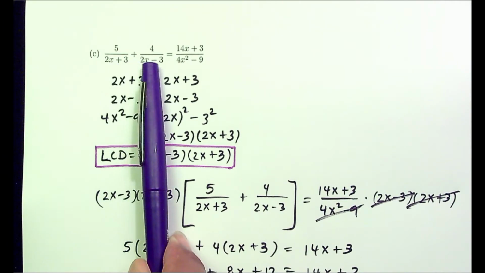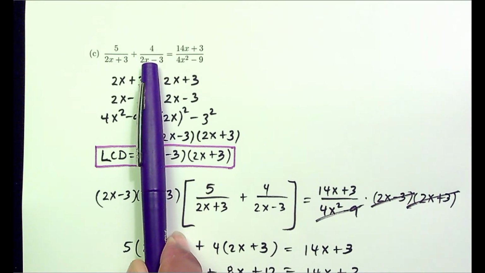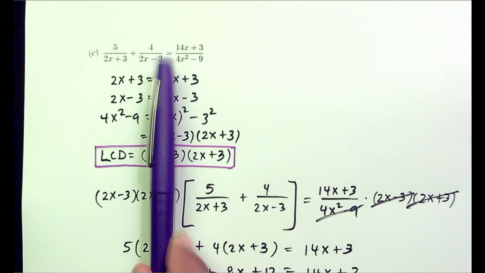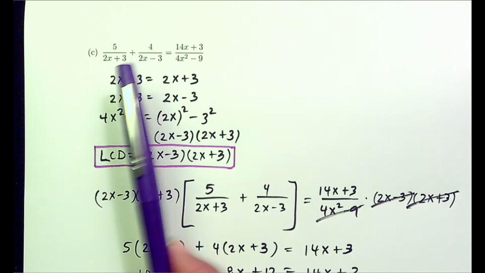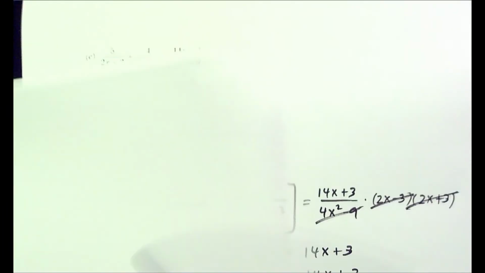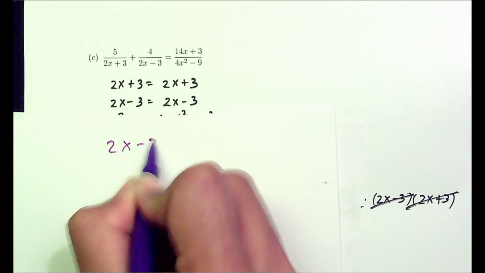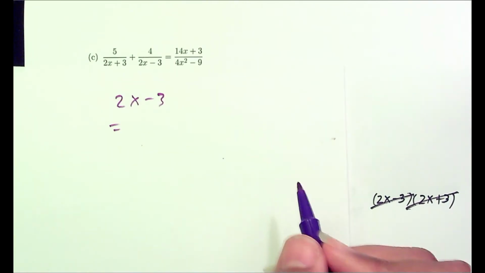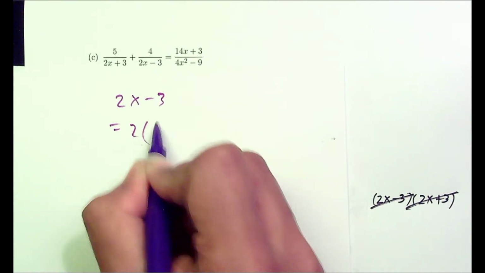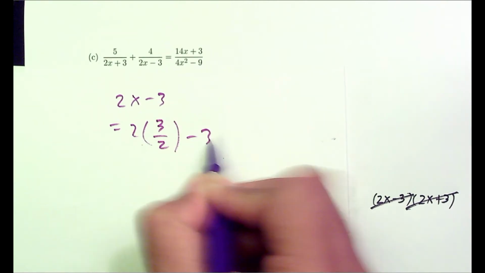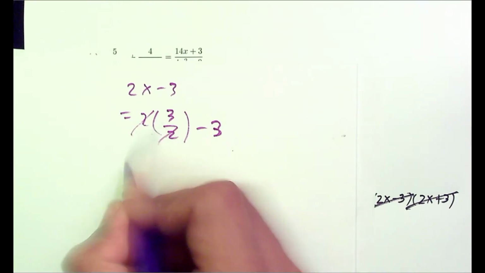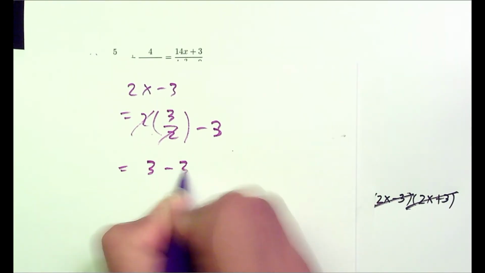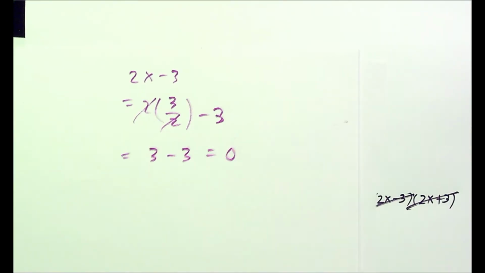If you plug in 3 halves here, you would get 0. Actually, you will get 0 on bottom here. If you plug in 3 halves, look at that, you can do it by hand. 2x minus 3, if I replace the x with 3 halves, we get 2 times 3 halves minus 3. The 2's would cancel, and you would get 3 minus 3 equals 0.